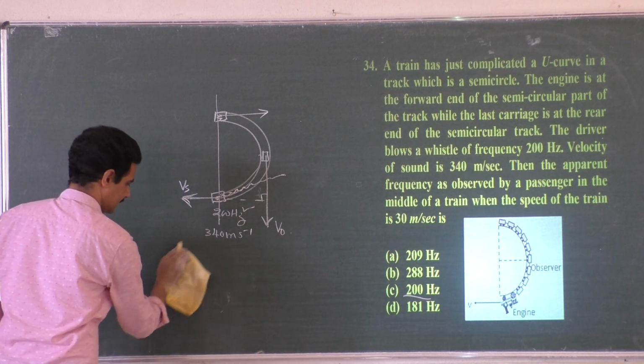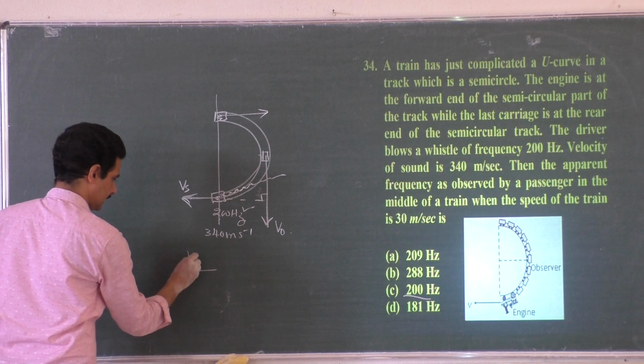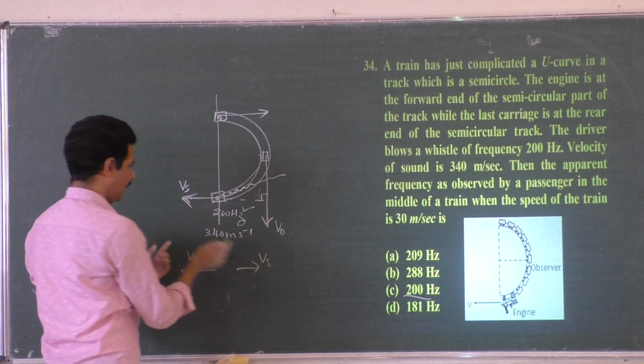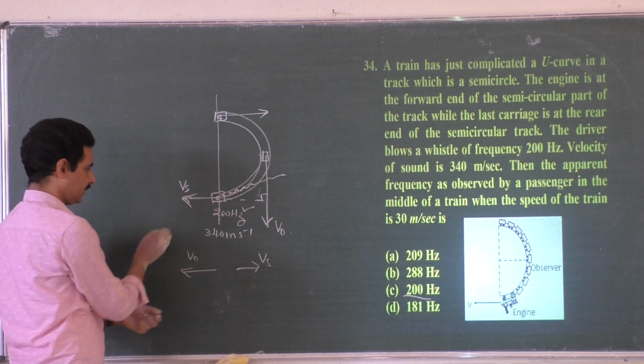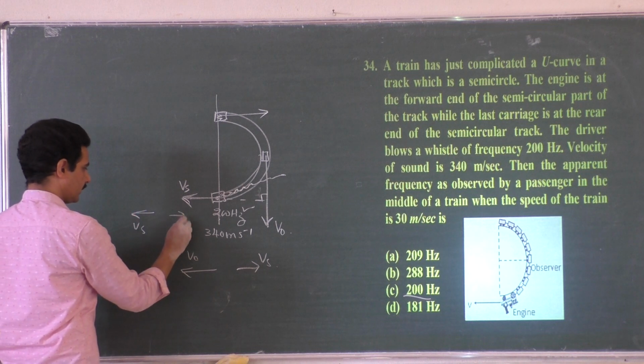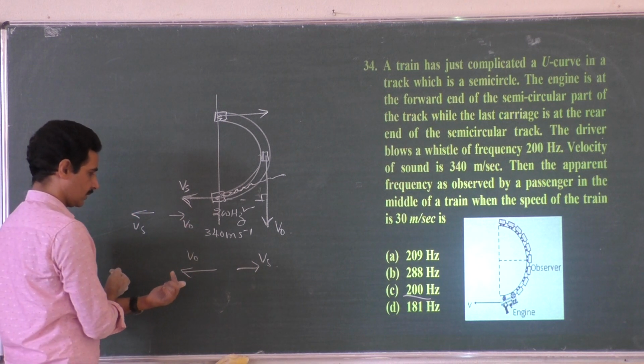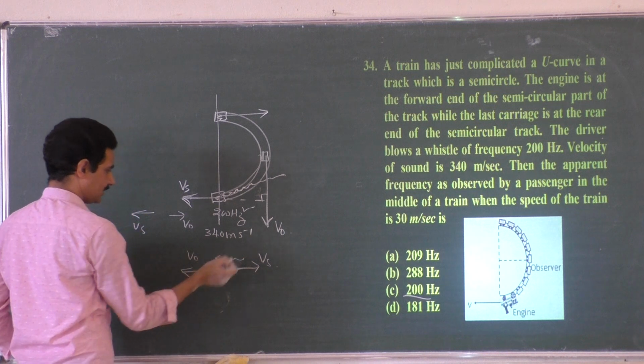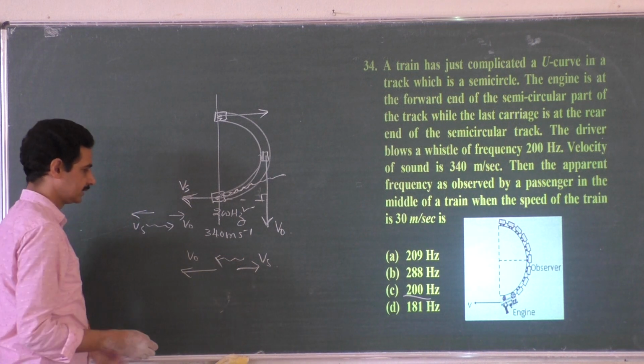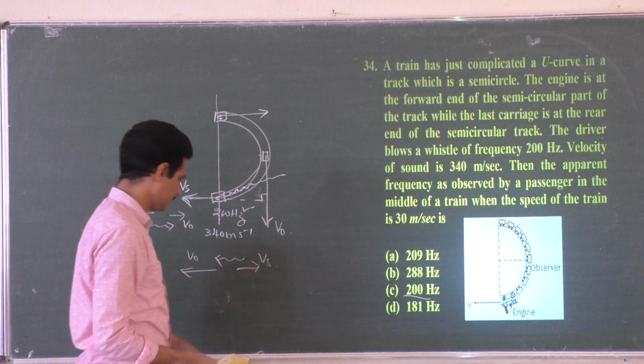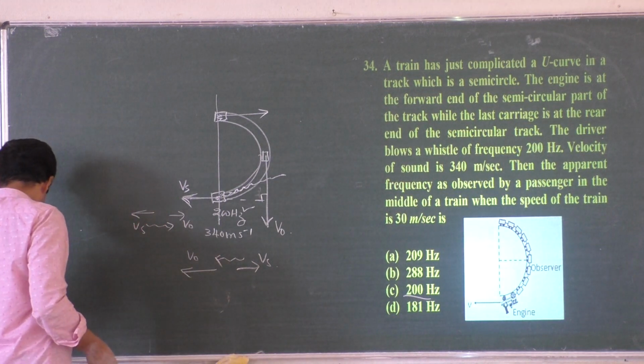You can take it like this. Anyway, source like this, observer like this. I have changed it, that's all. And from the source you are receiving the sound like this. This situation you have to apply. Now it is 200, because they are perpendicular.